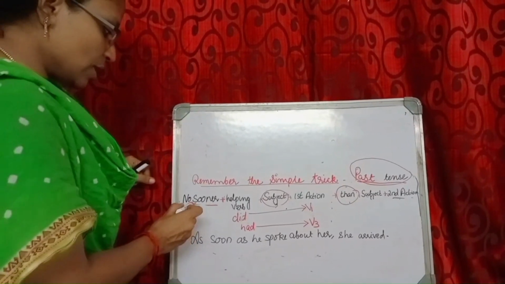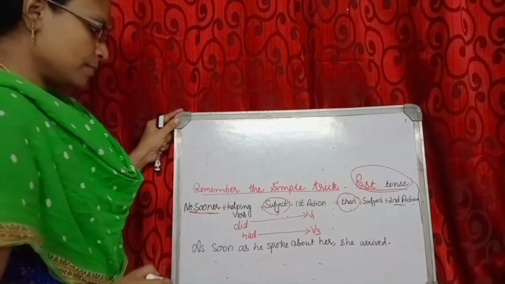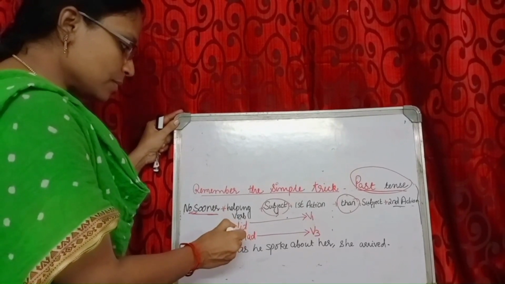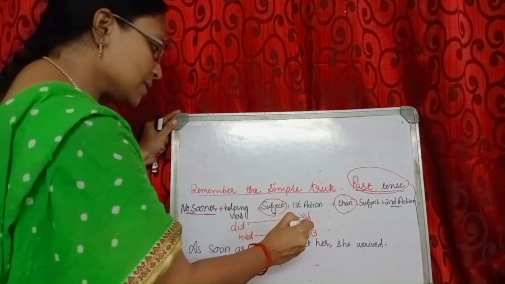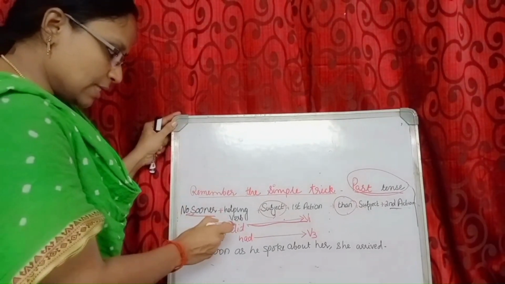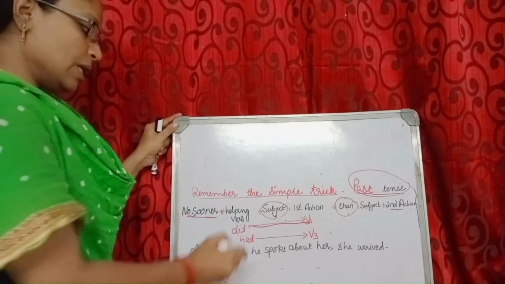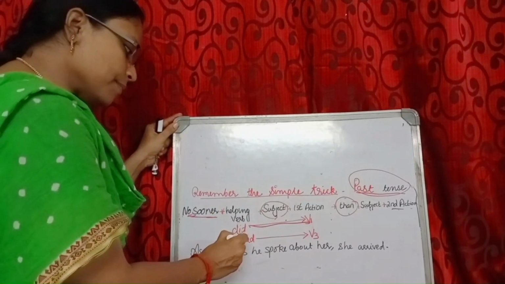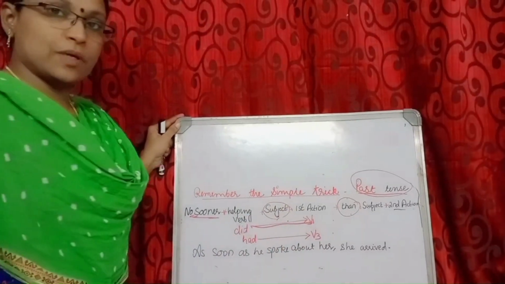Here you should notice the changes. First "no sooner", then the helping verb. There are two ways to write. One is "did plus V1", the first form of the verb. If you are using "did", then the first form of the verb is used after the subject. If you are using "had", H-A-D, then you should use the third form of the verb.